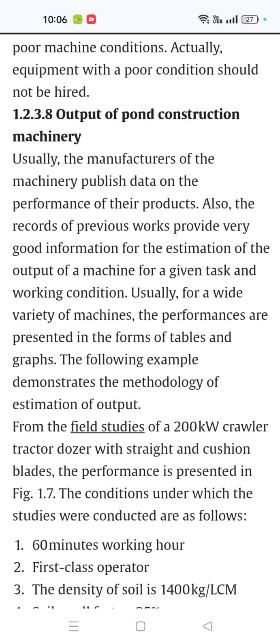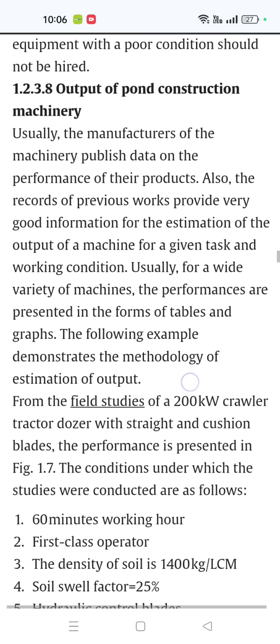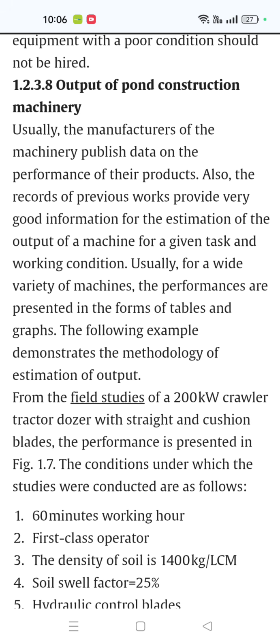1.2.3.8 Output of earth construction machinery. Usually, the manufacturers of the machinery publish data on the performance of their products.